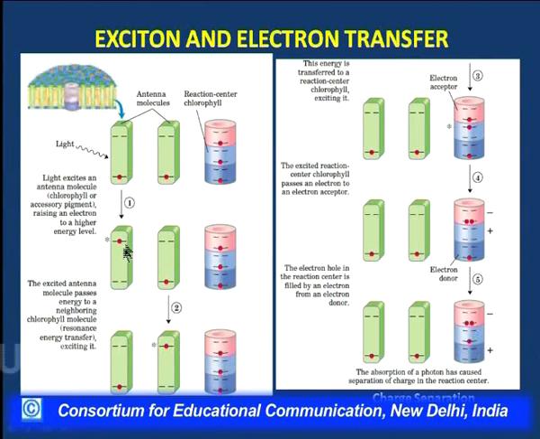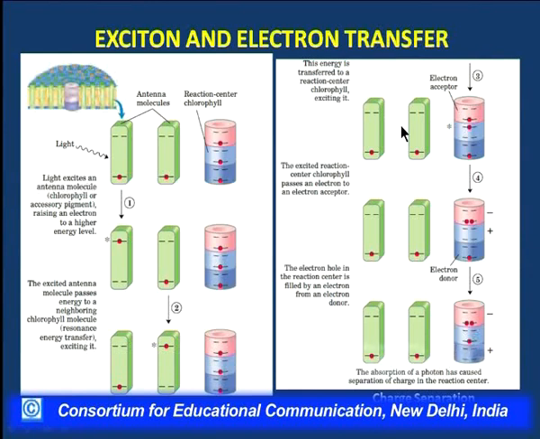Once they have passed this energy to the neighboring molecule, the original antenna molecule has its electron back in the ground state, whereas the one now shown with an asterisk has its electron at the high, excited level.